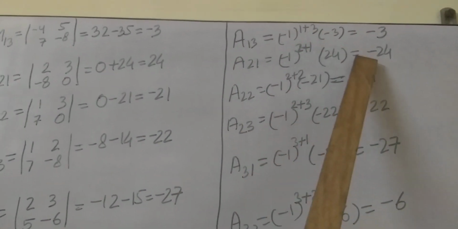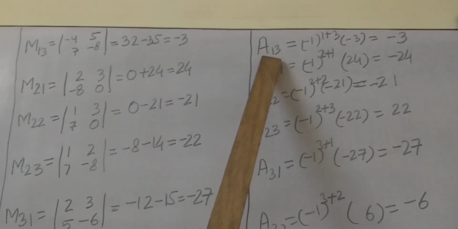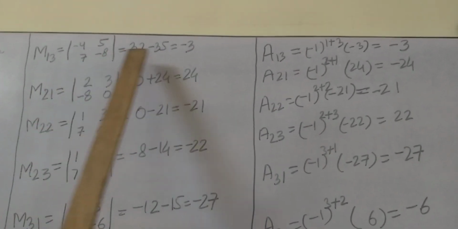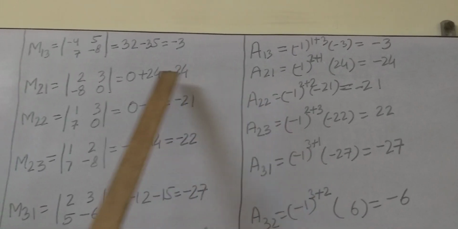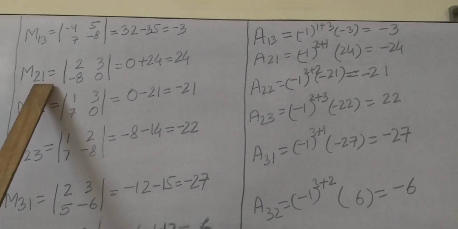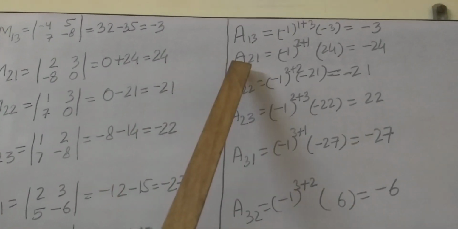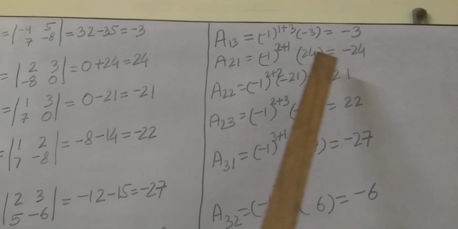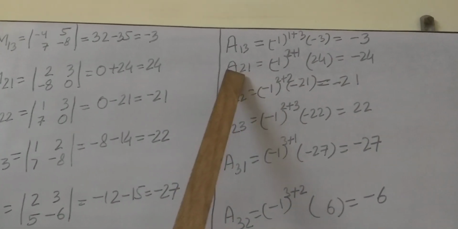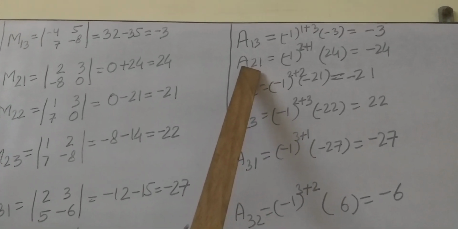Cofactor 1 3 is -3 because the sum of i and j is even. That's why minor and cofactor are same. In the next one you can see minor 2 1 is 24 and cofactor of 2 1 is -24.